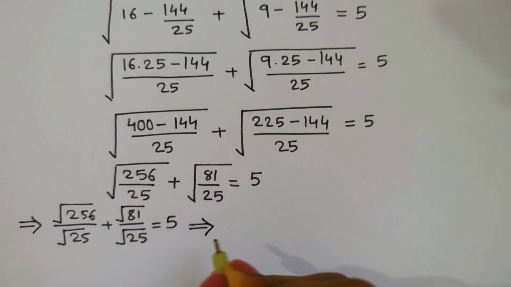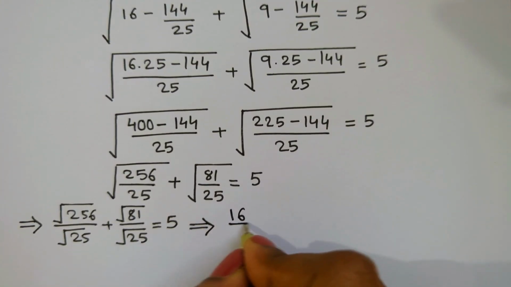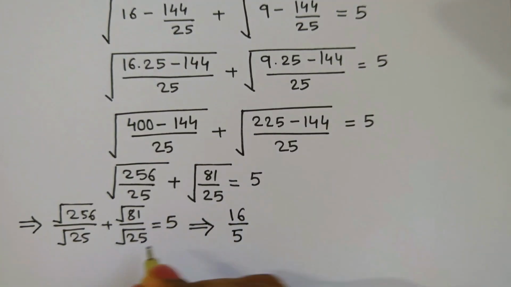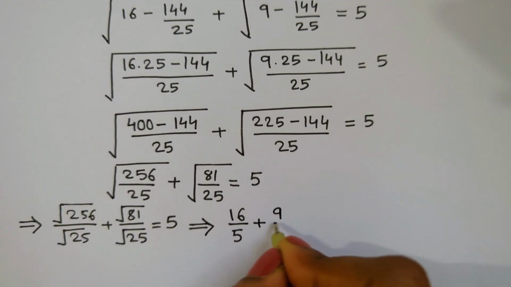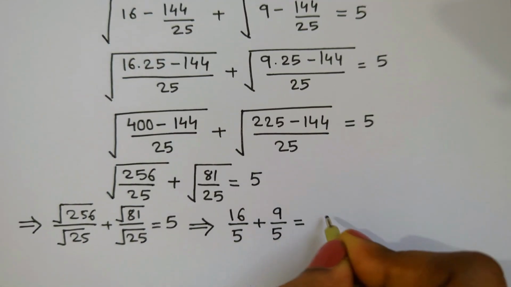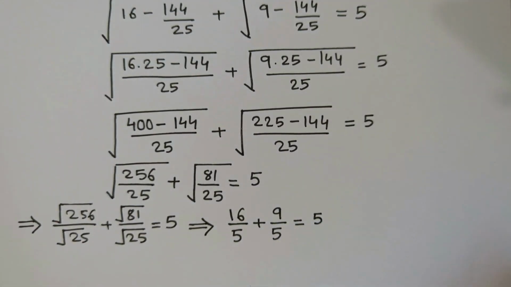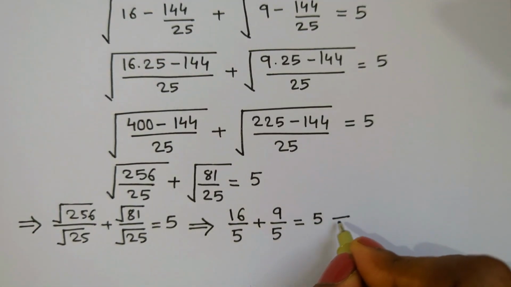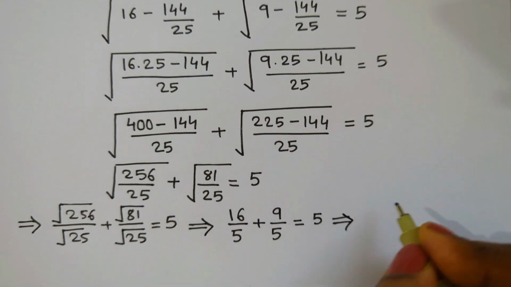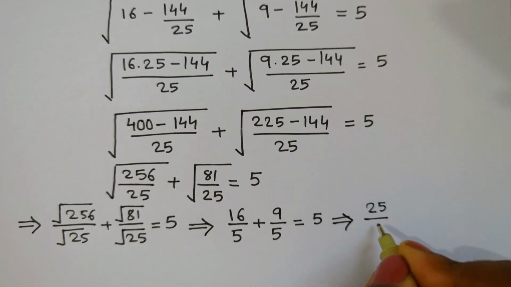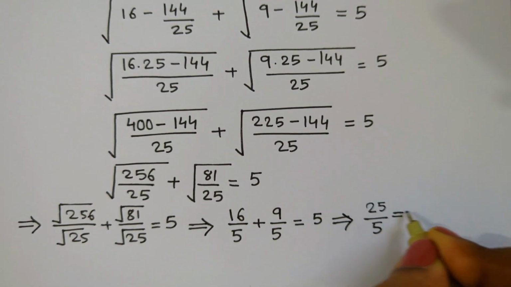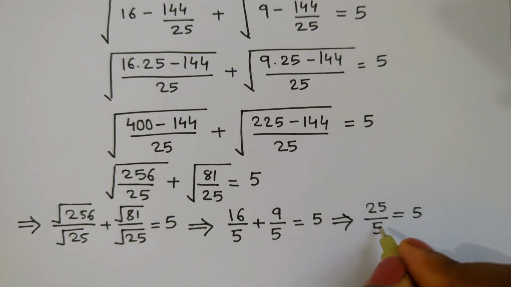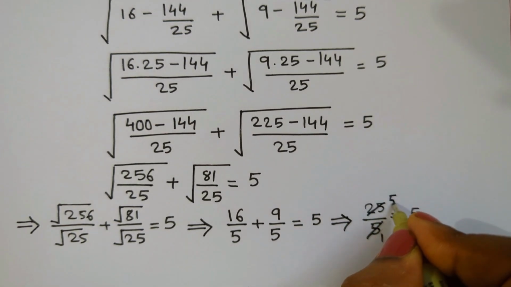So the equation would be square root of 256 is 16 divided by 5 plus 9 divided by 5 is equal to 5. Now 16 plus 9 is equal to 25 divided by the common denominator 5 is equal to 5. So dividing it by 5, 5 fives are 25.